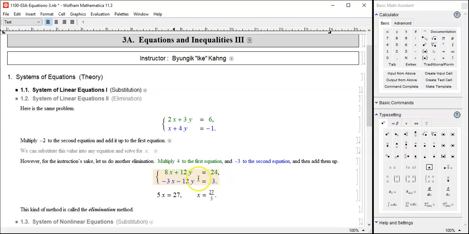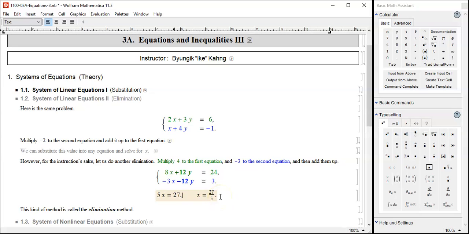And then add them up. That'll kill off this plus 12y, this one, and then minus 12y, that one. They're going to cancel each other away, and then we have 8 minus 3, so 5x, and 24 plus 3, 27, so x is 27/5.